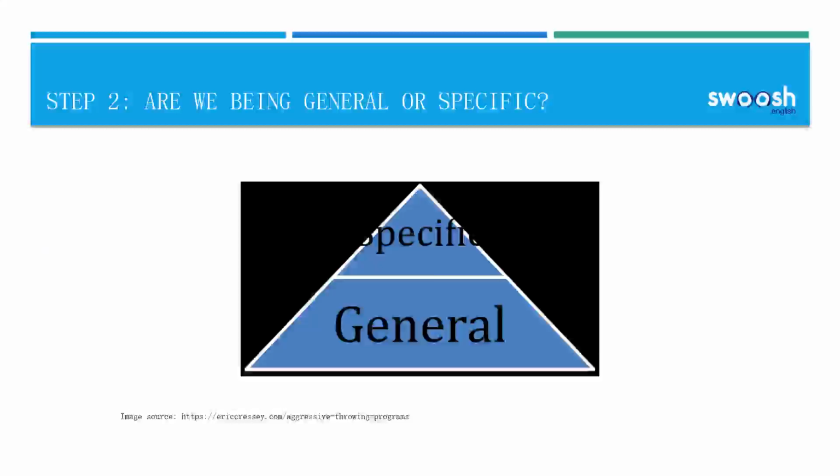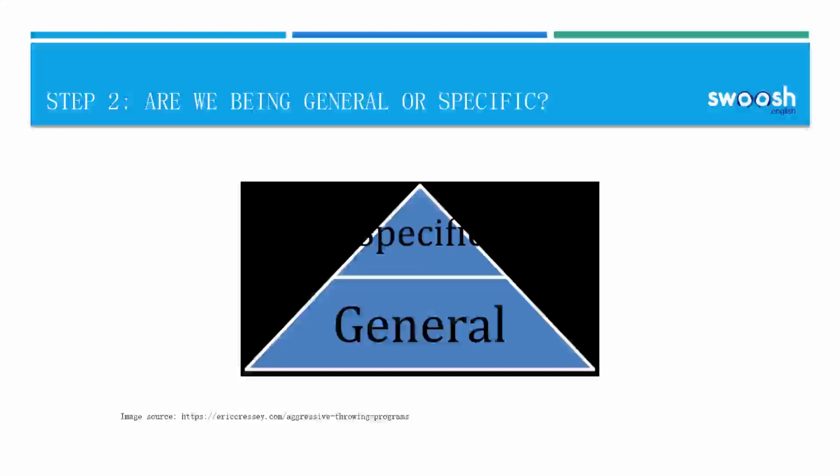As you can see from this graphic on the screen, we tend to start with the general and then move on to the specific. So we mention the patient right at the beginning of the letter. And once the patient has been mentioned, once we've given the name of the patient, we're being specific every time we use the word patient.